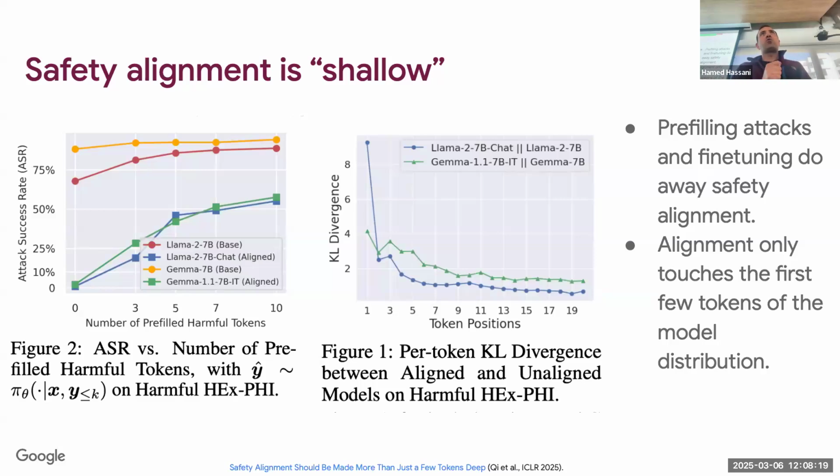So when it's asked, tell me how to make a bomb, we increase the probability that the first few tokens are "I can't help you with", right? But we're not really touching the probabilities after this pre-fill. If I say, tell me how to make a bomb, sure, I can help you with that, the probability of generation after that hasn't really been touched much. That's what I mean by safety alignment being shallow: we're only touching the distribution and the probabilities over some typical use cases of the model. That's part of the reason these are so vulnerable.